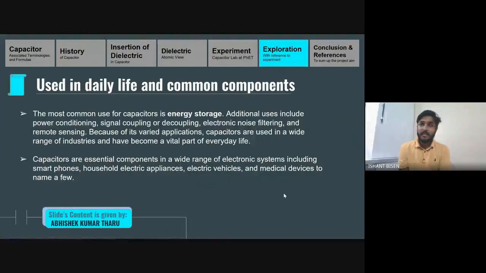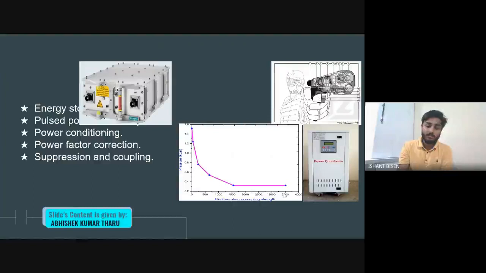All the data from the simulation of inserting a dielectric between the two parallel plates of the capacitor are attached there, and all our conclusions are already in the PPTs. In short, we got a very fair idea about how a capacitor works when a dielectric is inserted in it. This is all about the insertion of a dielectric inside a capacitor.